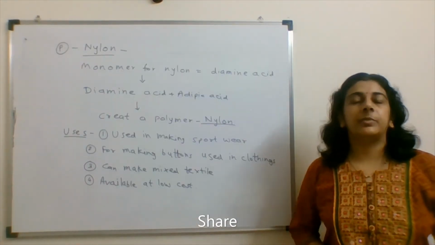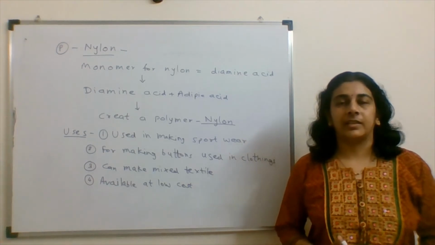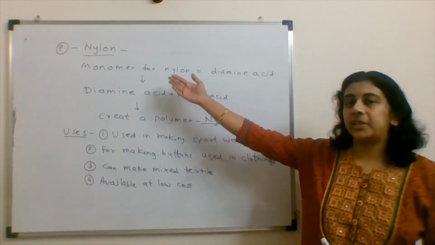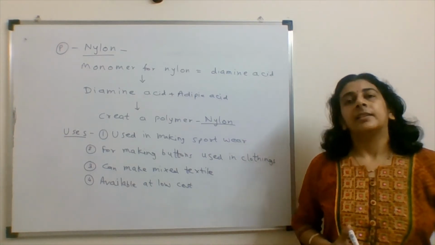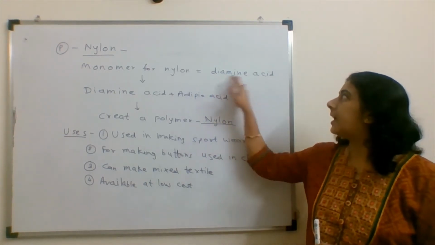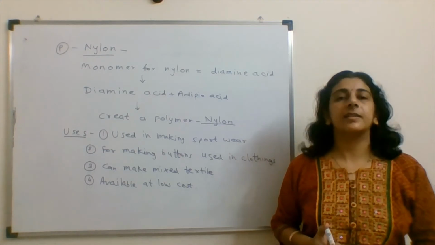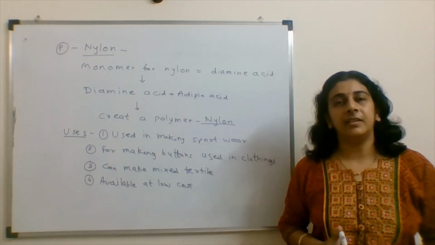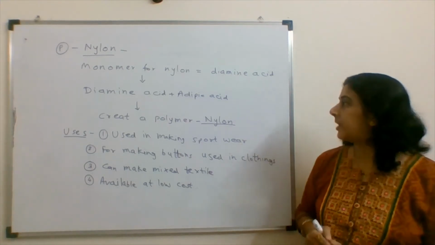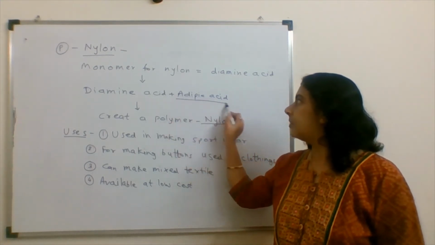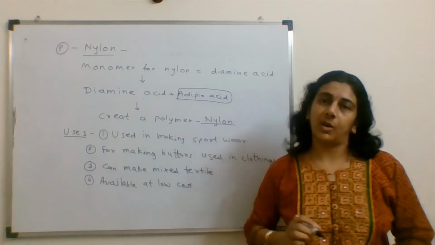Now have a look at the points given in group 1. The first point, P, is nylon. So what is this nylon? This is actually made up of diamine acid. This is a polymer of diamine acid. But for the formation of the polymer, there is a requirement of adipic acid. This is given in our options.